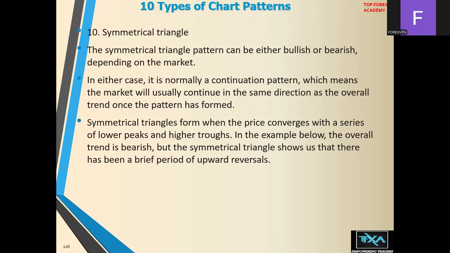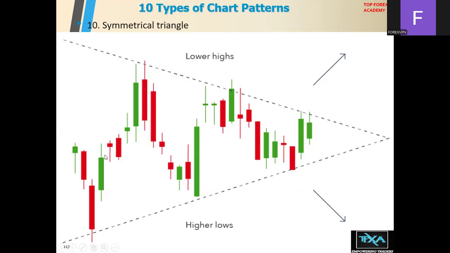A symmetrical triangle forms when the price converges with a series of lower peaks and higher troughs. In the example below, the overall trend is bearish with brief upward reversals in the market. As we can see, if you draw this line, the overall trend is bearish.